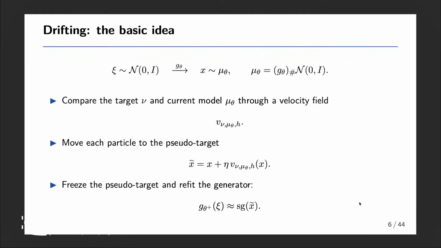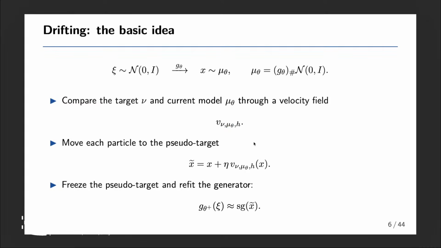But coming back to this, the basic idea of drifting is the following. The central object in this drifting world is a velocity field V that has access to your data distribution and your current training step.